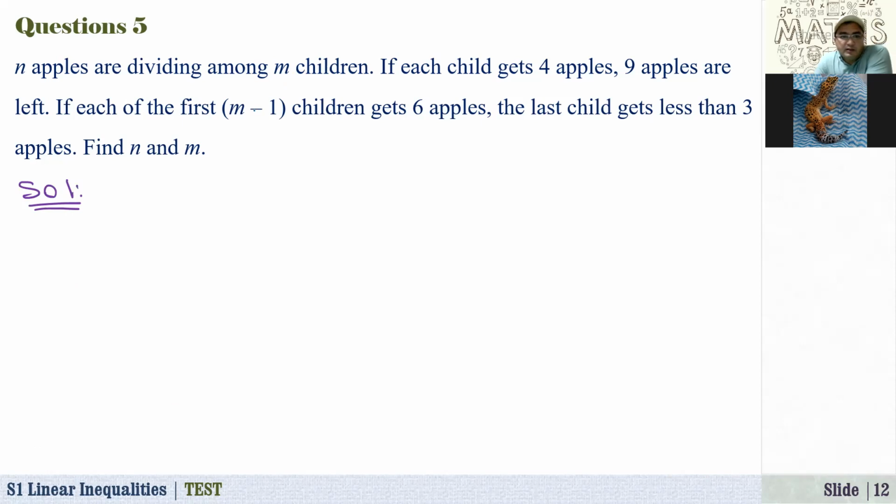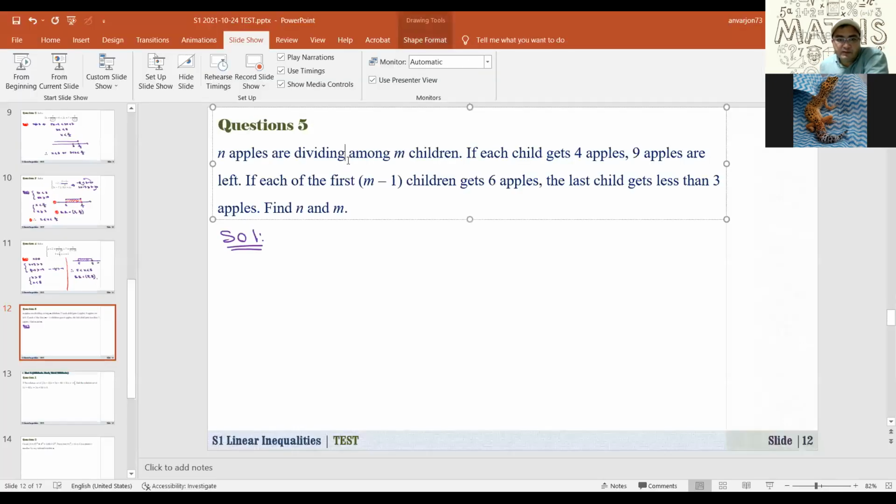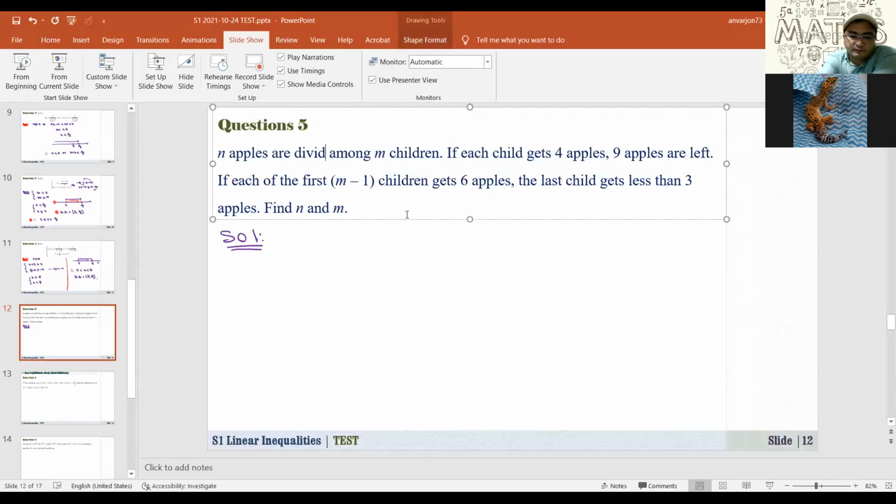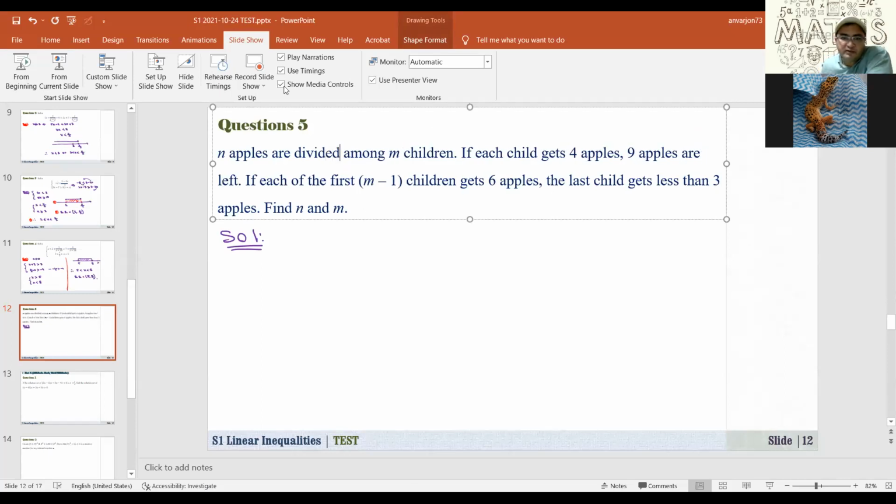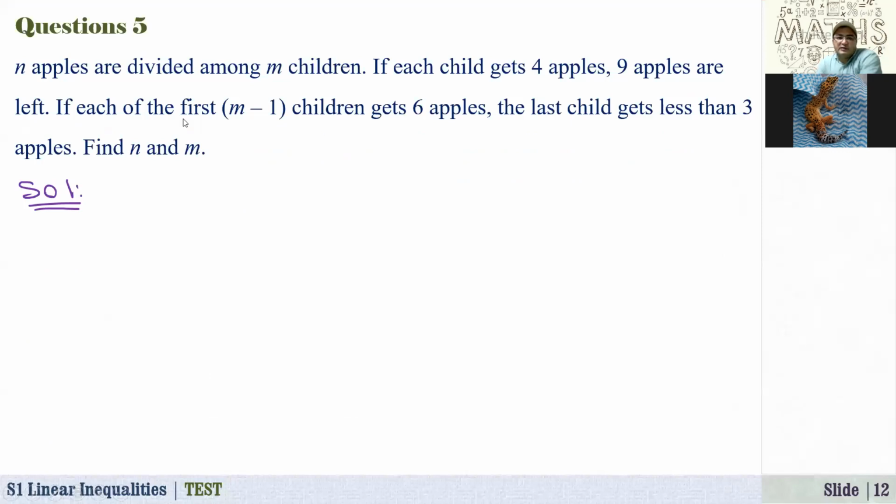N apples are dividing among M children. Dividing, it's not dividing, we should say divided or shared. Anyway, N apples are divided among M children.